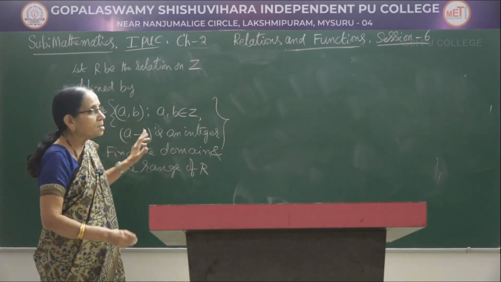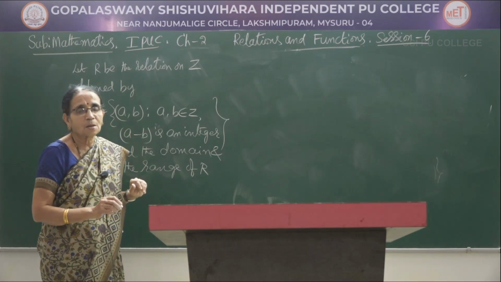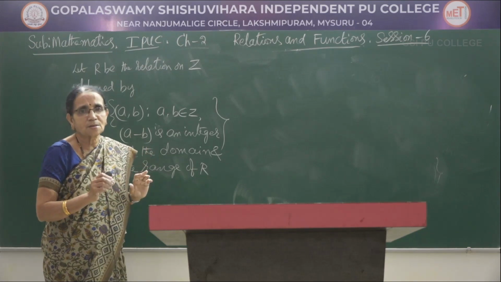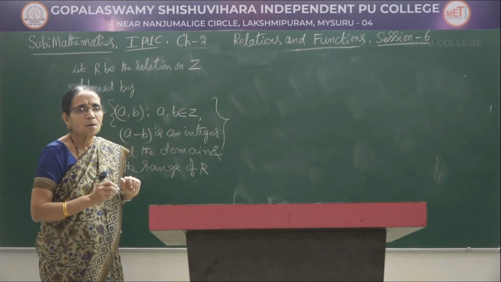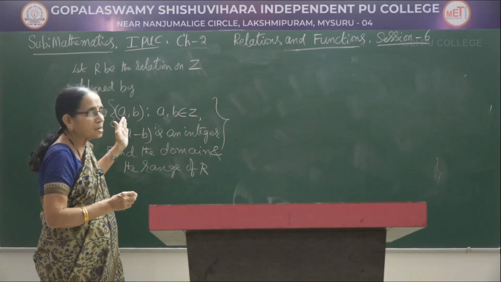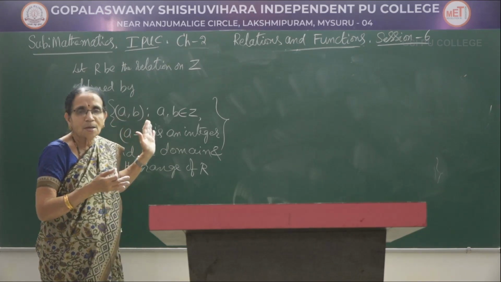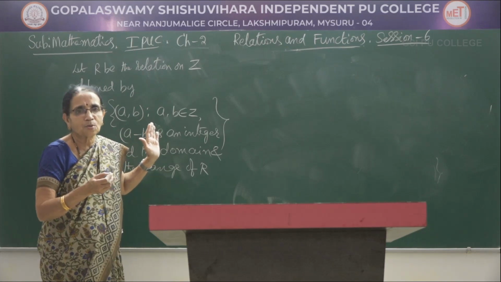Now, here you cannot give the values for A and B because Z is an infinite set. How many values can I give? If I give, say, A can take negative values and B can take negative values. Similarly, both A and B can take positive values.